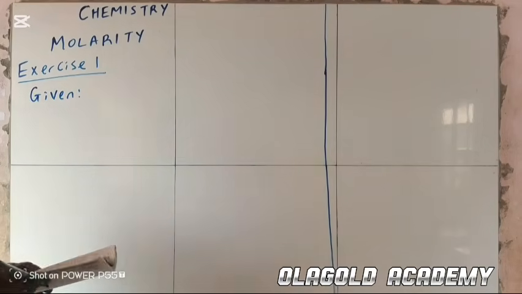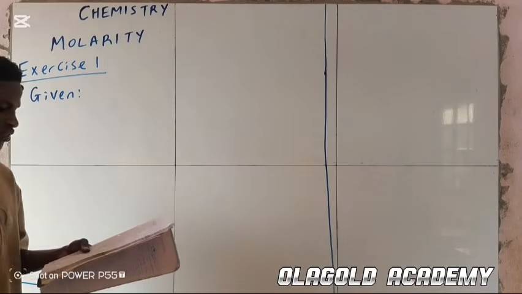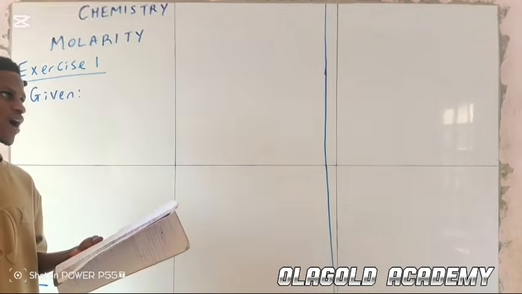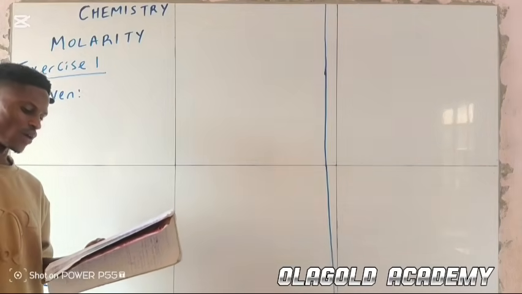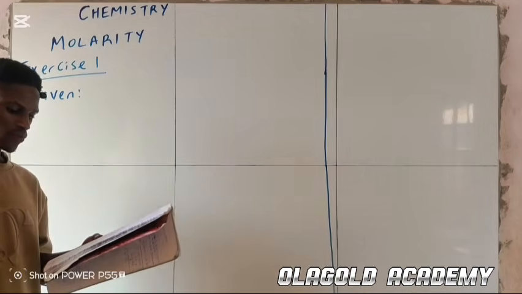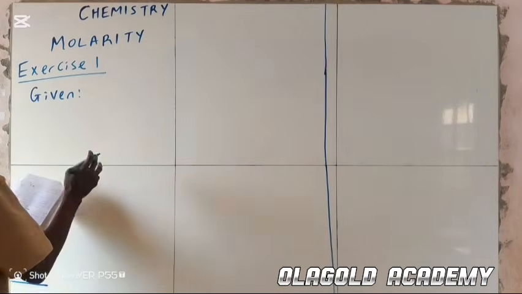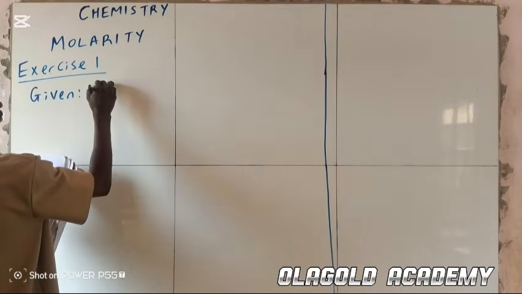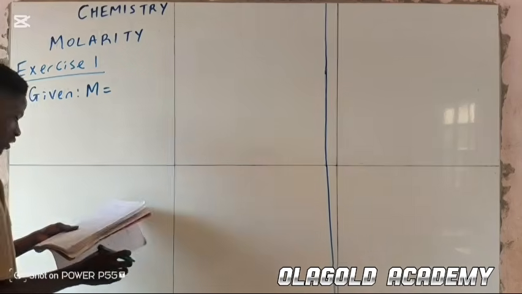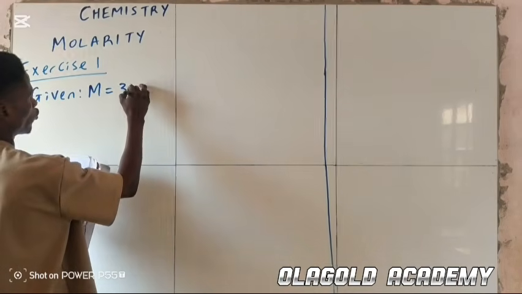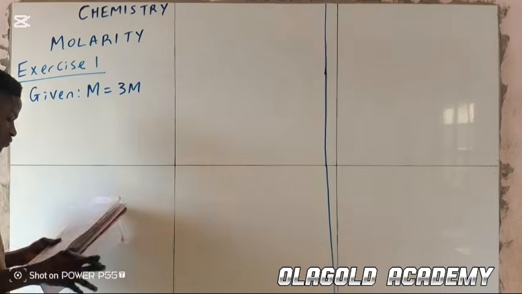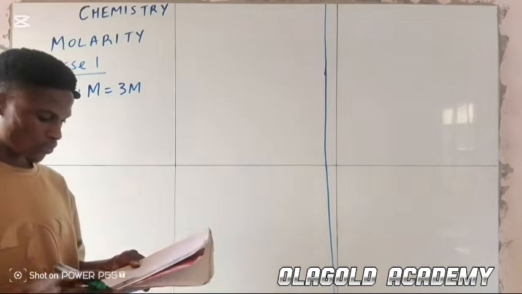Now let's see what we are given in the question. The question says that you are provided with a 3 molar sodium hydroxide solution, so we are given molarity there, M1 equals 3 molar.